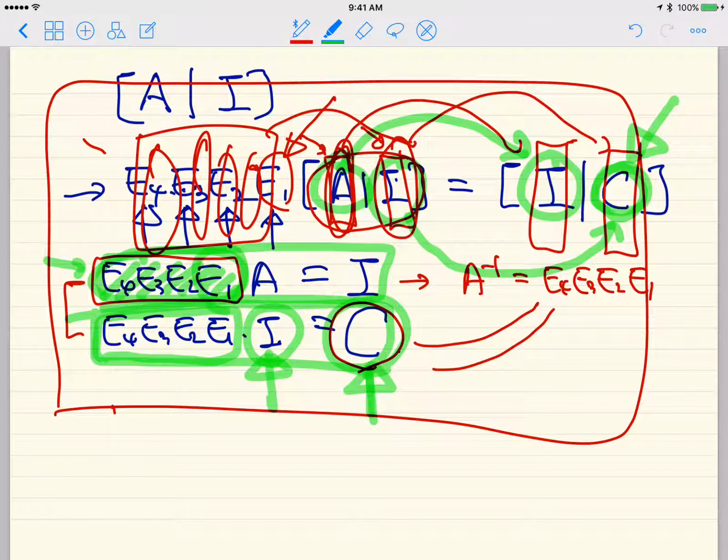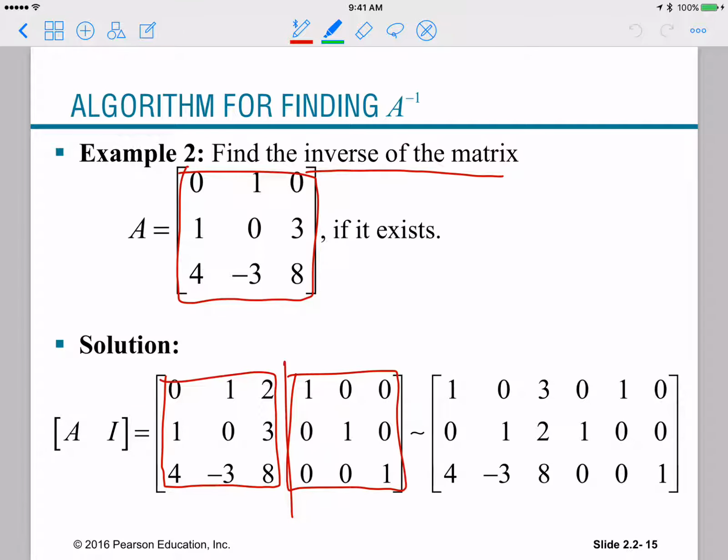And then let's think about the other case. What if you don't obtain the identity matrix as a reduced echelon form? In this particular example of a 3 by 3, you started from this matrix, and suppose your reduced echelon form was something like this: 1 0 0, 0 1 0, and 0 0 0.